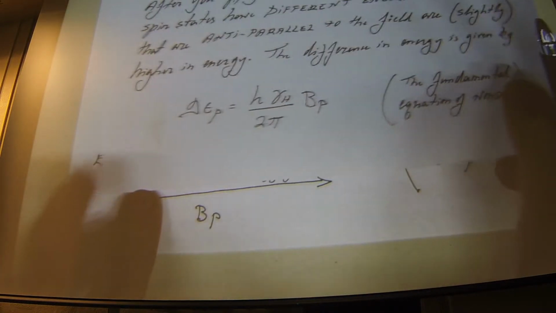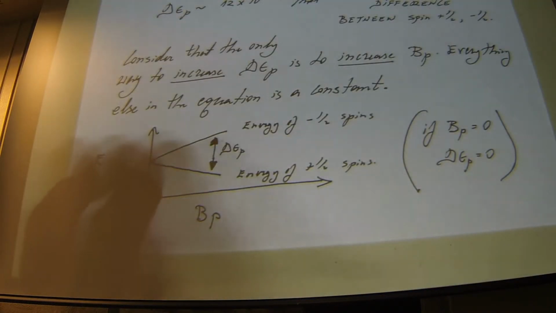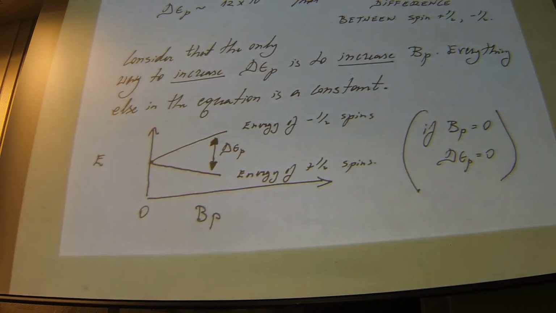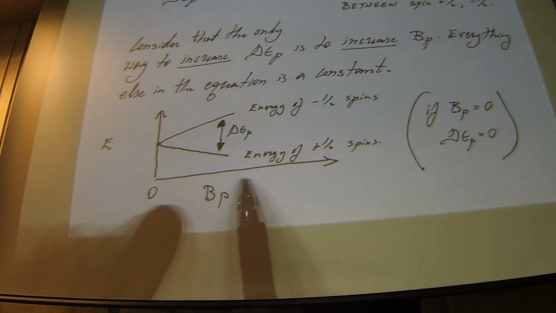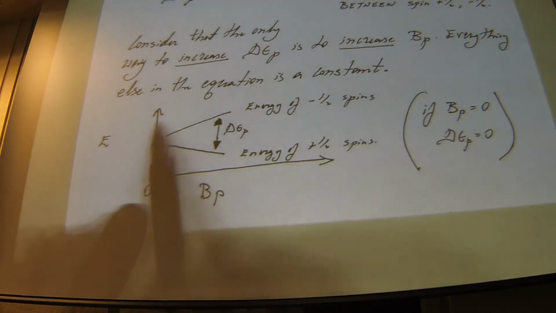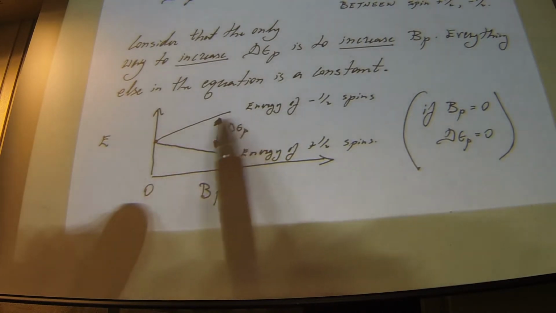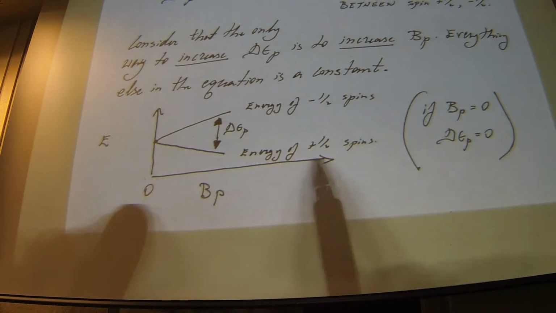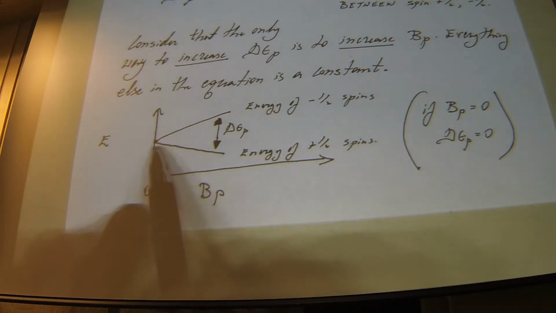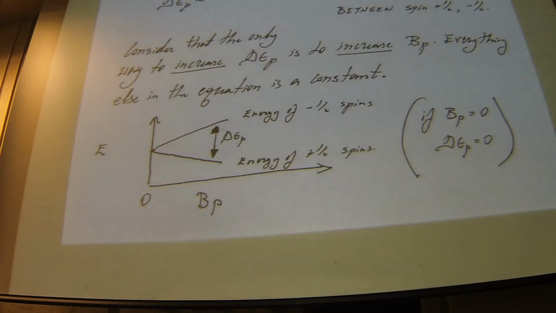So the only way to increase the energy separation between plus and minus 1/2 spins is to increase V sub p. What this shows is energy versus energy separation for the minus and the plus 1/2 spins as V sub p increases. If I have zero magnetic field, plus 1/2 and minus 1/2 spins are going to have identical energies.